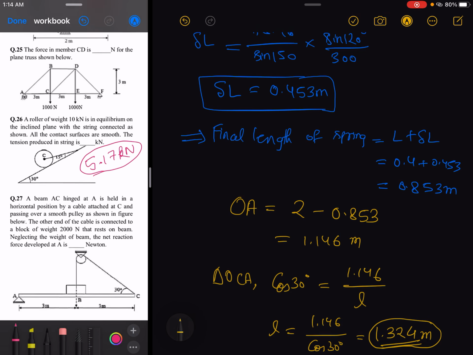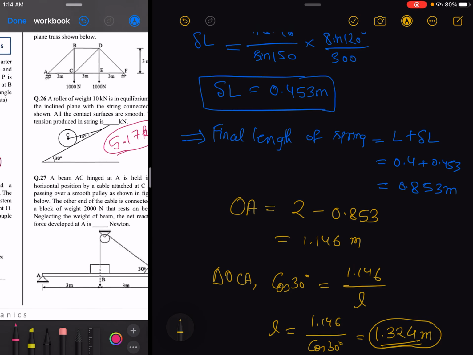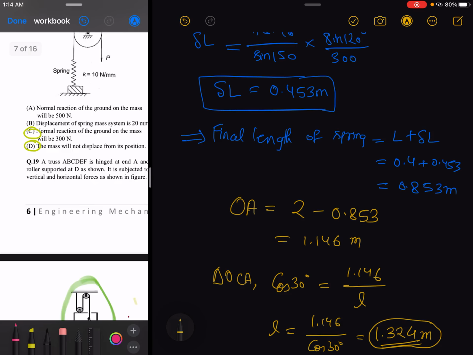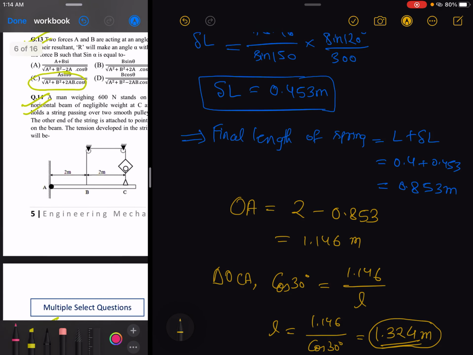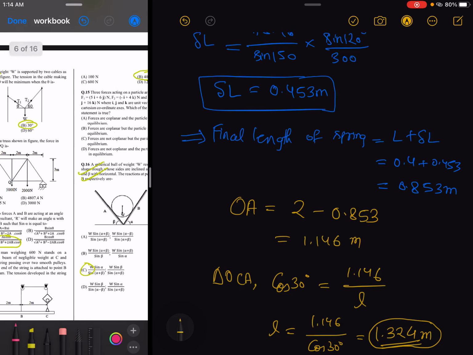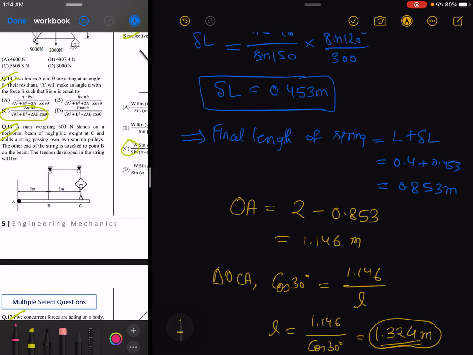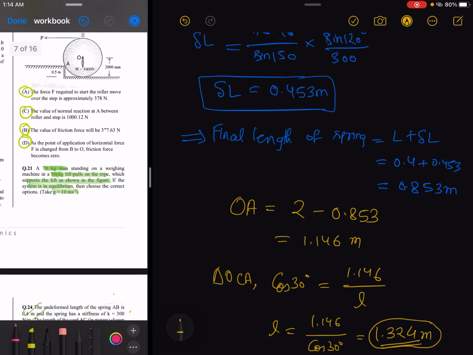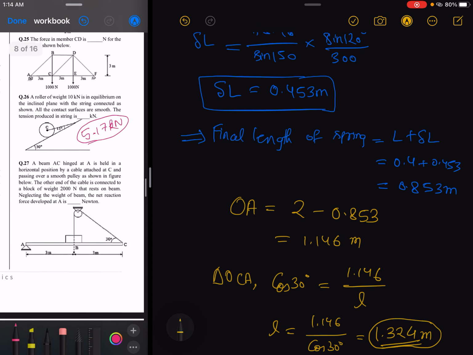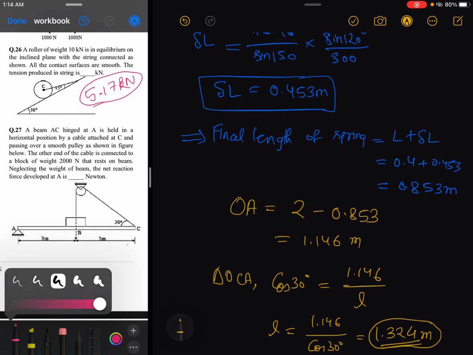Clear? In question number 27, the same type of problem we have solved in the above portion, and it is question number 14. In the previous video we have solved question number 14. The same type of problem is this one, but he has made the problem a little bit more complex.